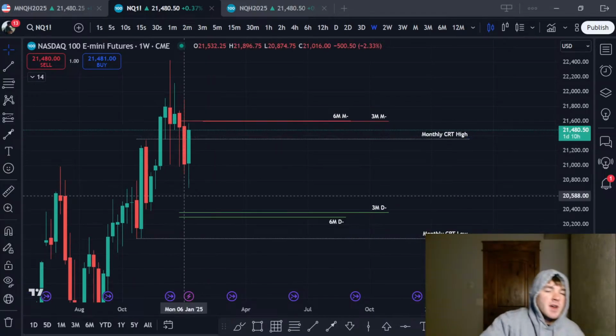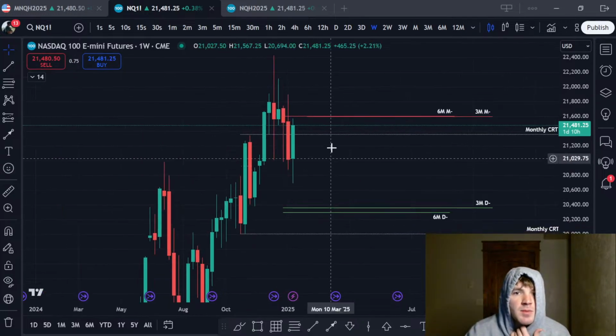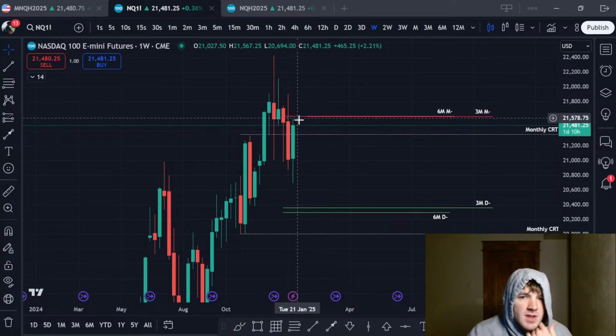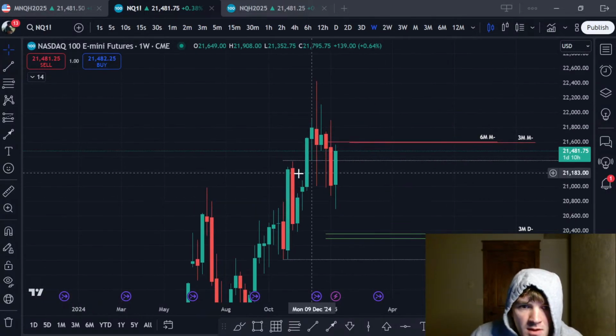So on the low time frame, to me it kind of seems like we are pushing back up into these Stat Map levels. And it's also this weekly OB.